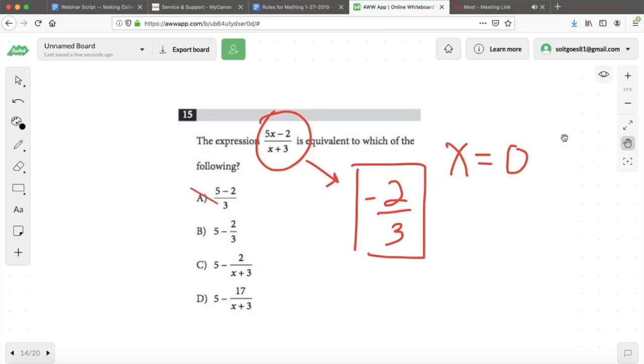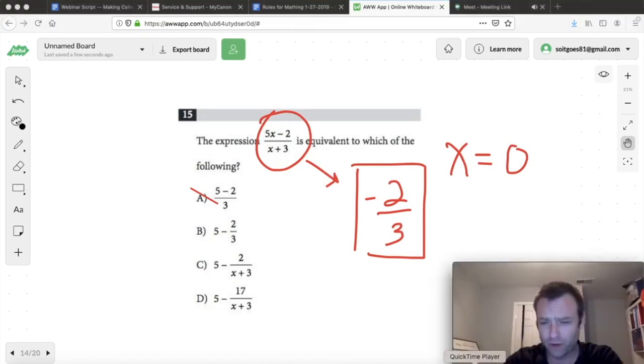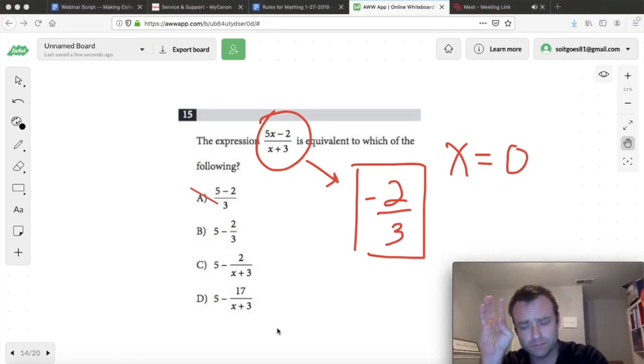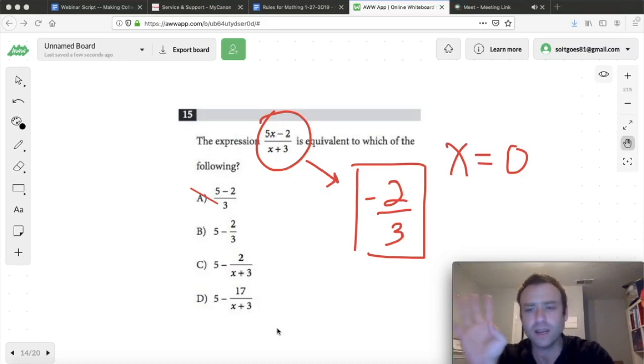Exactly. And the funny thing here is, a lot of students are tempted when plugging in values like this to come up with a common denominator, to calculate what 5 minus 2 over 3 is. You know what I mean when I say create a common denominator and subtract the fractions? Yeah. It's very tempting to do that, but you don't need to. Don't think in those terms.